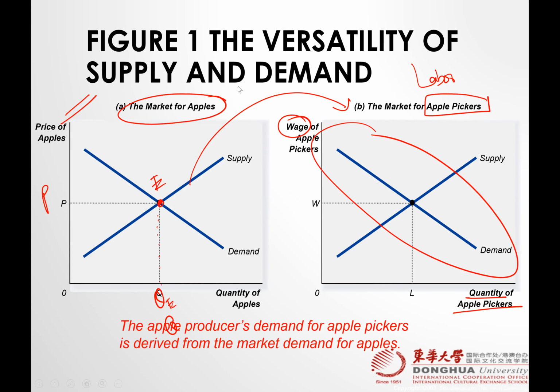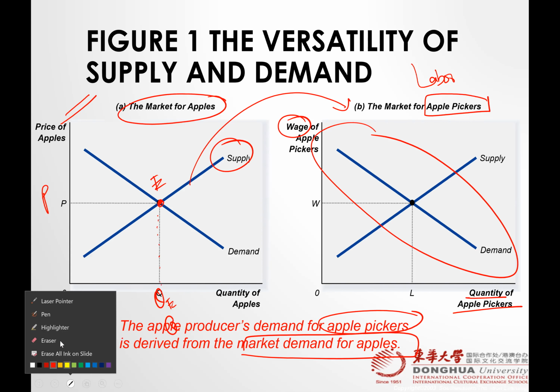So here we have the apple producers' demand for apple pickers, which is derived from the market demand for apples. Apple producers, those who grow and supply the apples, demand apple pickers. Let me just remove all the mess here so that you can understand well.